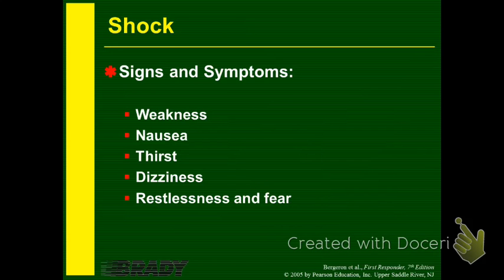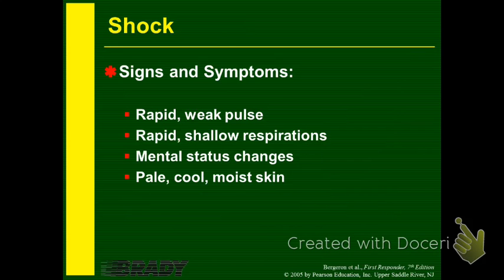So when we look at shock, weakness, dizziness, you get this thirst, this uneasy feeling that they get, nausea, vomiting, tachycardia, like we spoke of, altered mental status. Remember, it's the oxygen delivery, so they've got a decrease in oxygen supply, pale, moist skin.